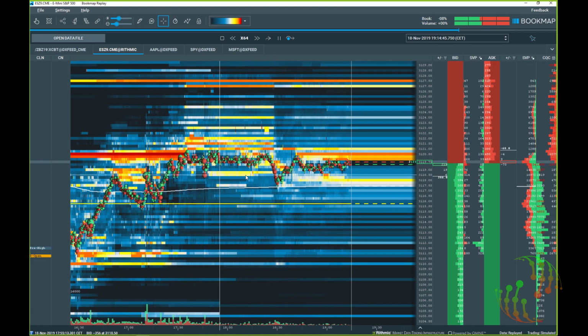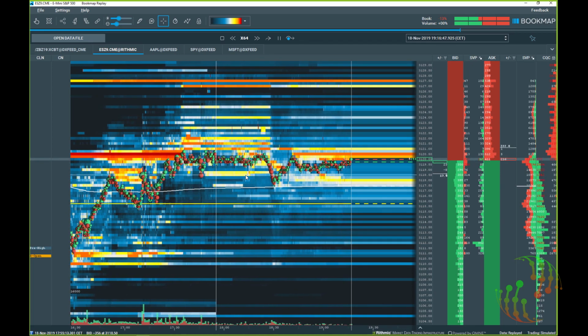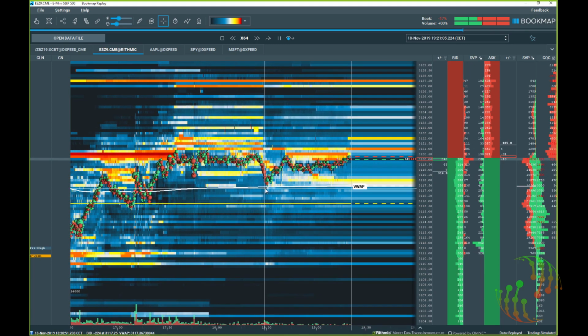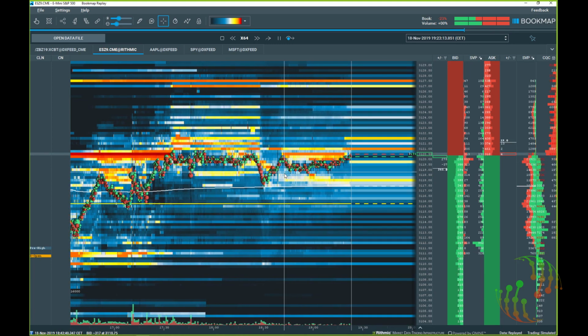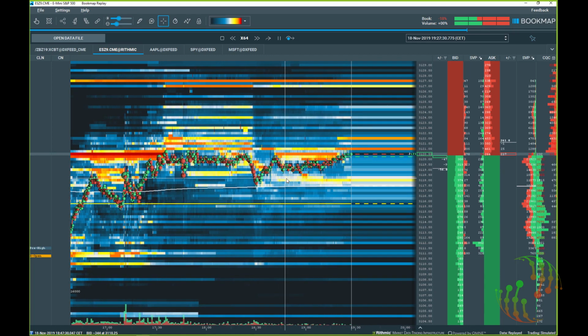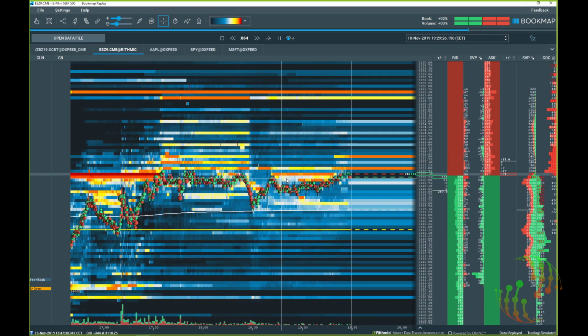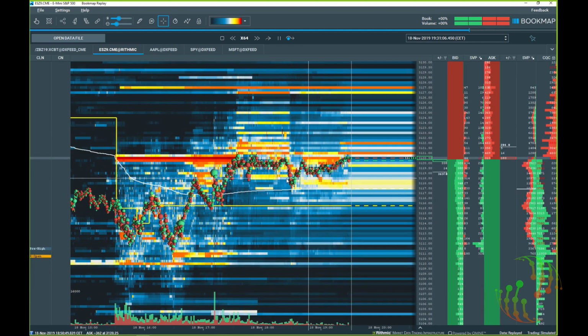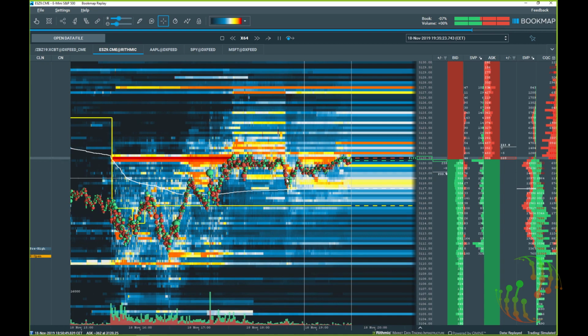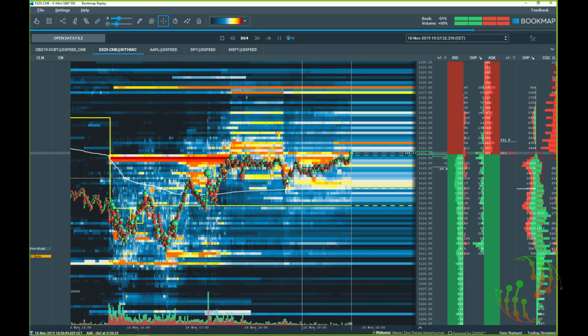Yes. Then liquidity was brought in a little bit on the bids and taken away on the offers. And then we found that support area at the VWAP, and then we reversed and went up.